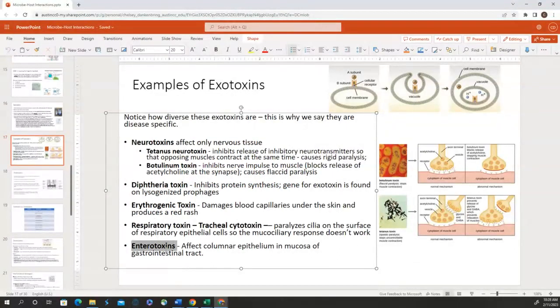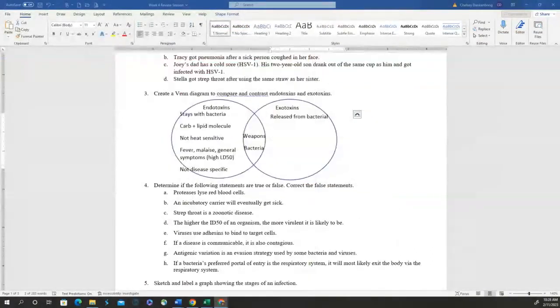Some go and infect the gastrointestinal tract. So those toxins are able to do that because the bacteria makes them and then basically throws them at the host. And it circulates within the host and targets the brain or whatever. So that's a big difference with exotoxins. They're very, very diverse.